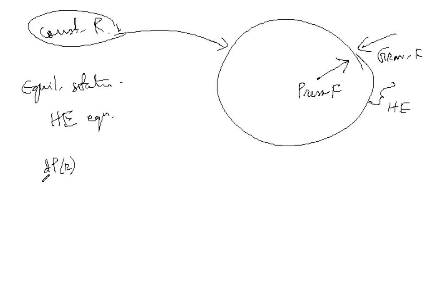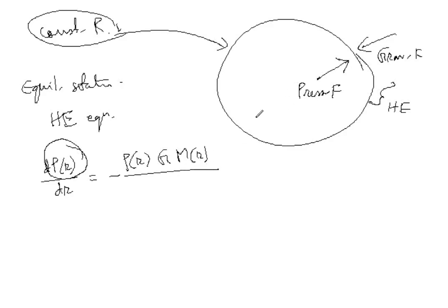So basically it gives us information about pressure as a function of the distance from the center. So dP/dr is equal to minus rho times G times the mass enclosed inside this r, again the distance from the center, divided by r squared.